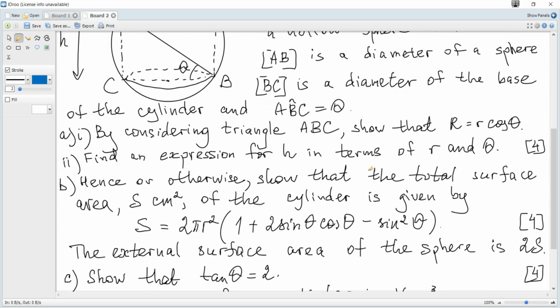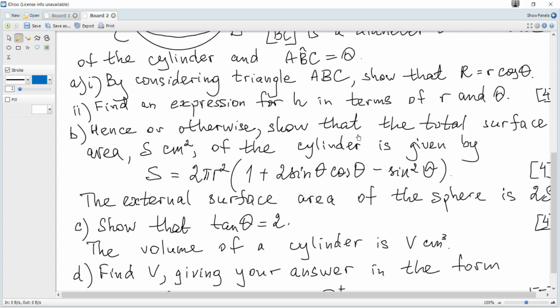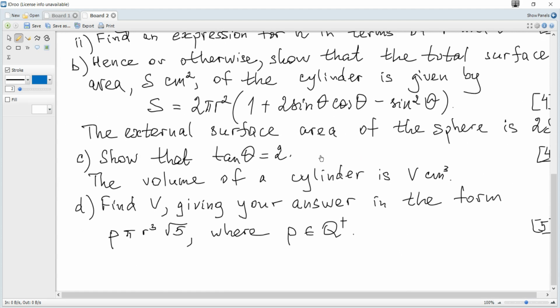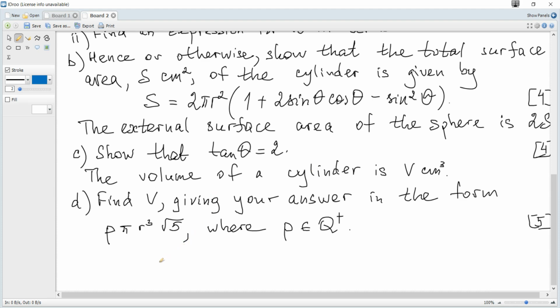Next, hence or otherwise, show that the total surface area S centimeters squared of the cylinder is given by the stated formula. The formula for total surface area is given in the data booklet.